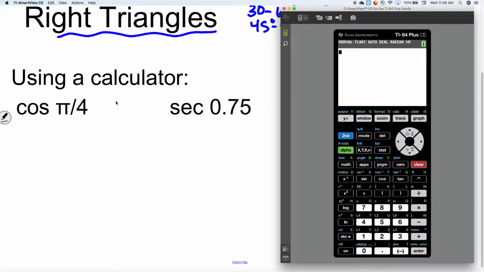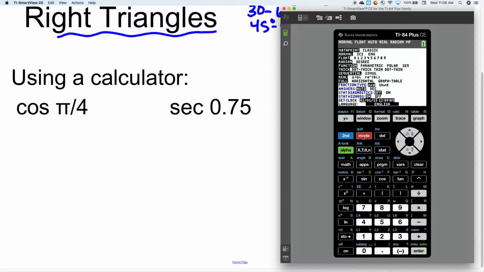You want to verify that you're in radian mode if I'm asking you to do the cosine of pi over 4 radians. So right next to your second button, you have that mode button. Go ahead and click that. If you're using the graphing calculator, its default is radians. So good to know if you ever reset your memory or go back to default settings, it'll go back to radians. So radians should be highlighted.